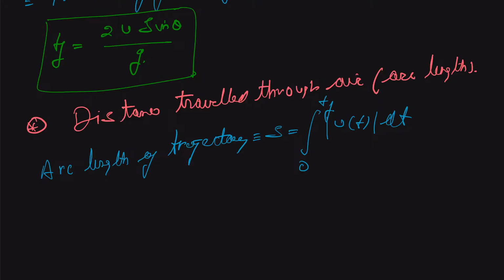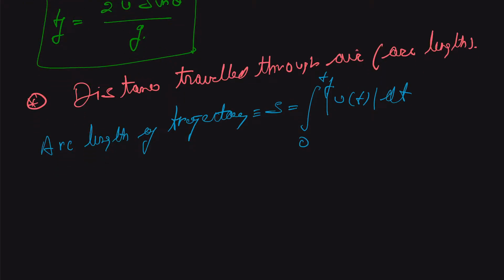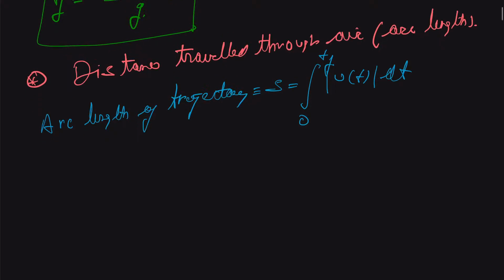Now we are going to find this v of t, and v of t will be equal to the square root of the x component square plus the y component square, basically its magnitude. Our x component will be equal to v cos theta, and we have to remember this y component is with respect to the arc, not basically the vertical component.